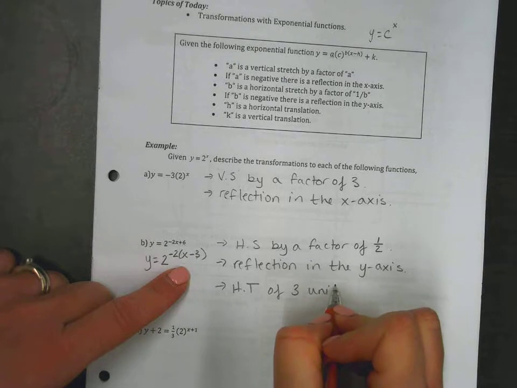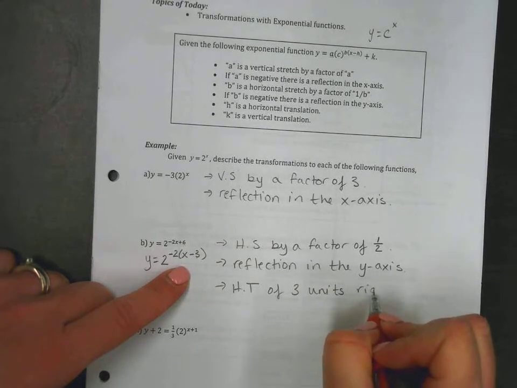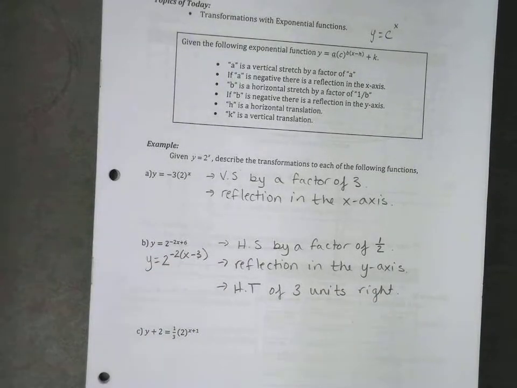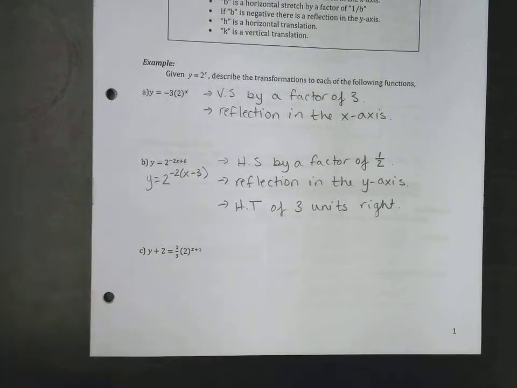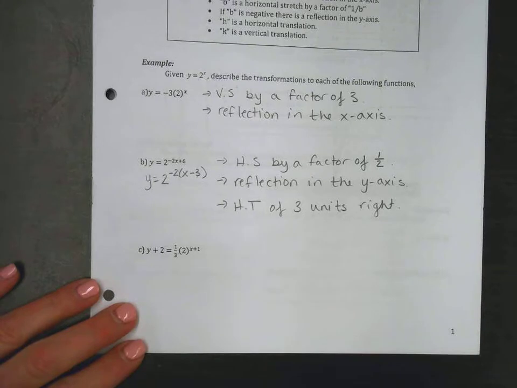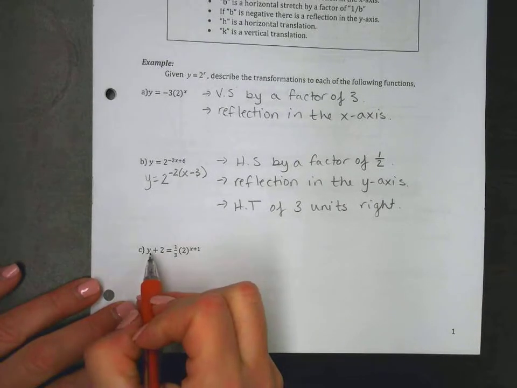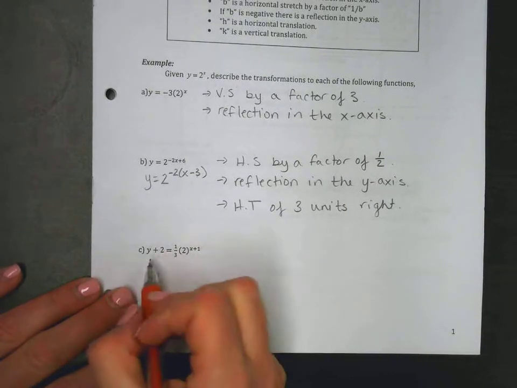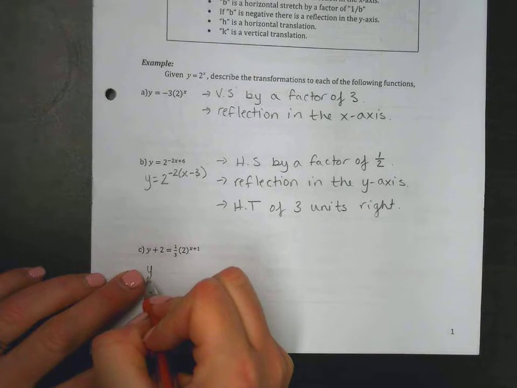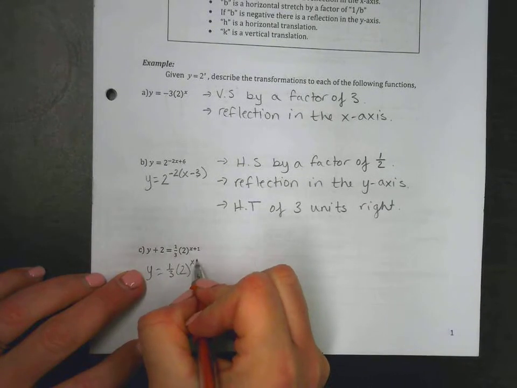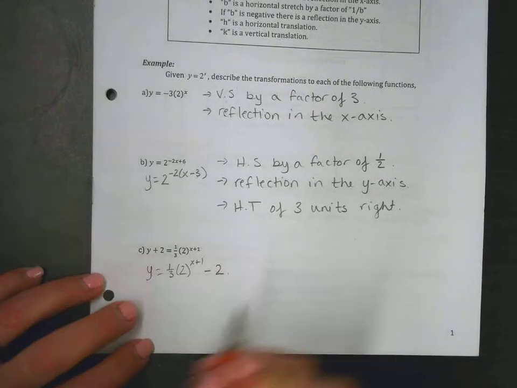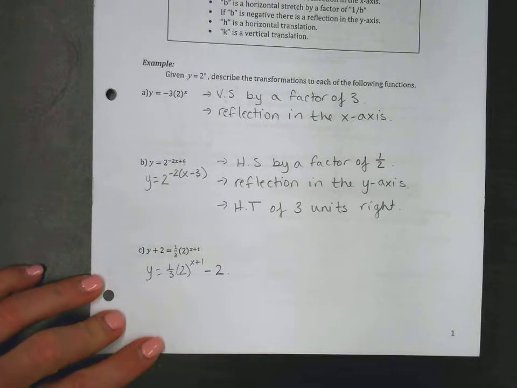And then lastly, given the following function, y plus 2 is equal to 1/3 times 2 to the x plus 1. Well, before I talk about my transformations, I'm going to solve my equation for y. And now we can talk about the transformations. So our a value is 1/3, so this tells me there is a vertical stretch by a factor of 1/3.